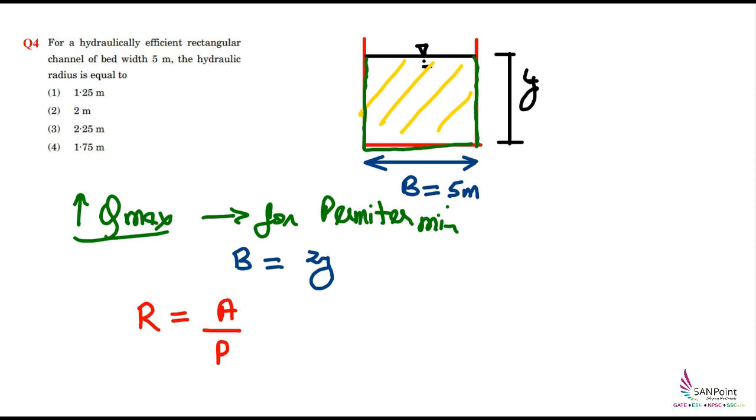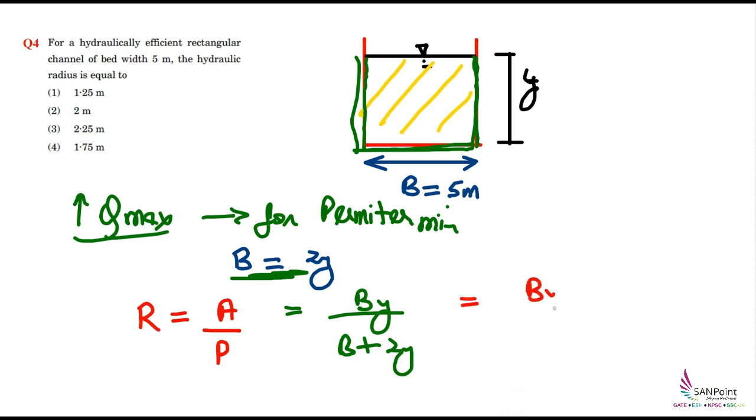So let's put the values. So what is the area? Area will be simply B into y. And what will be the perimeter? Perimeter will be this y, then we have B, then again y. So I can write B plus 2y is the wetted perimeter. But from this relationship of the hydraulically efficient rectangular channel section, I can say that this value of B I can write as 2y.